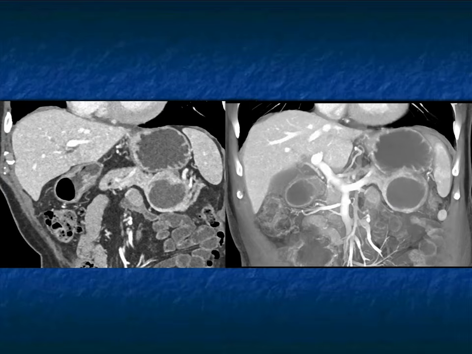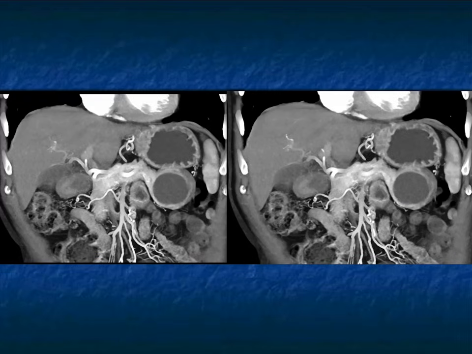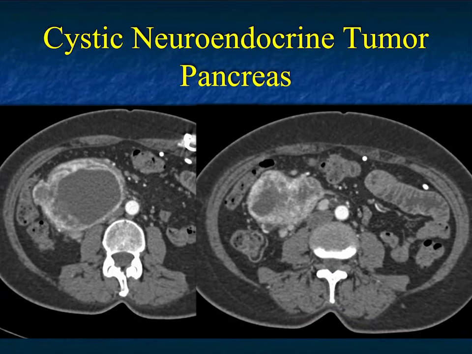But the rim enhancement is more typical for a neuroendocrine tumor. And again, as I showed you in the last case, when you do the volume rendering, the cystic component and rim enhancement is better defined, and you could make the suggestion. A patient with a neuroendocrine tumor this size obviously is going to have a distal pancreatectomy because you worry about malignancy and you worry about liver metastasis.